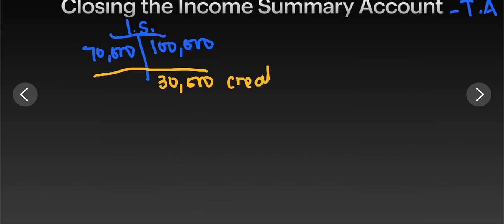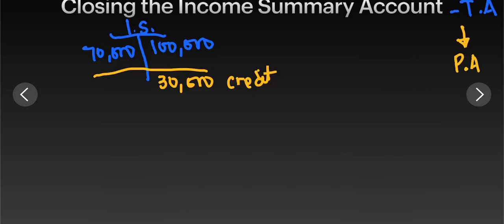So this is a credit. And since income summary account is also a temporary account, we have to close it to another account. And in terms of closing, we will close it to a permanent account.